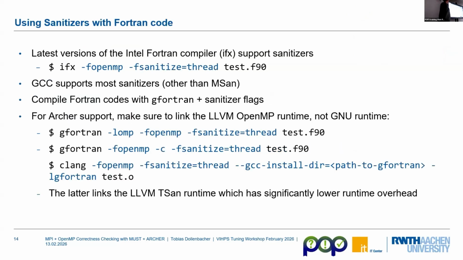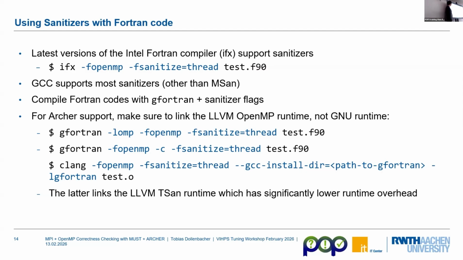All right. Some quick words about Fortran. So Fortran is supported, no problem, with the latest Intel Fortran compilers, so IFX, but you might still use some older GFortran, or you might use GFortran for your code. In that case, you have to do some trick to actually get Thread Sanitizer working, or any sanitizer basically.